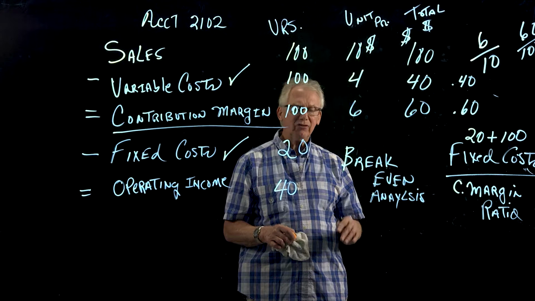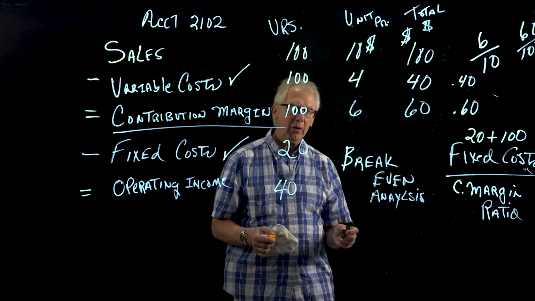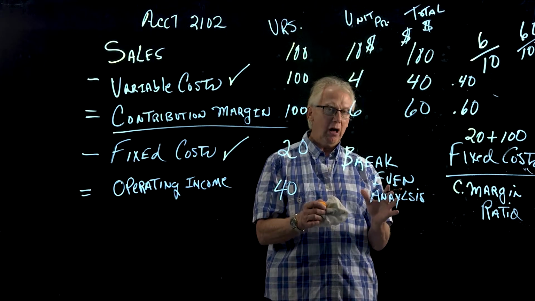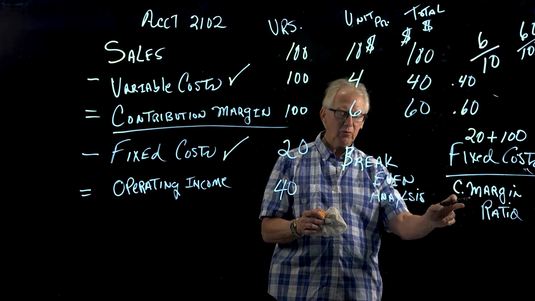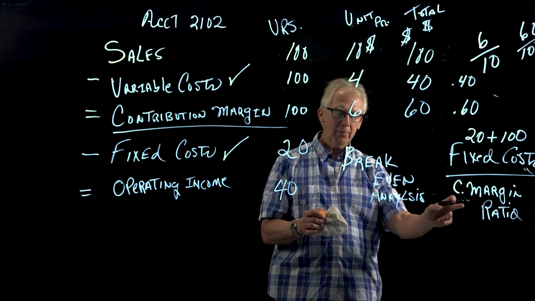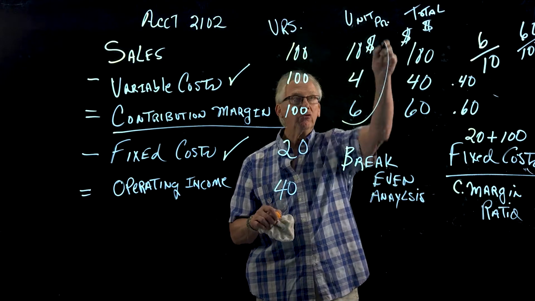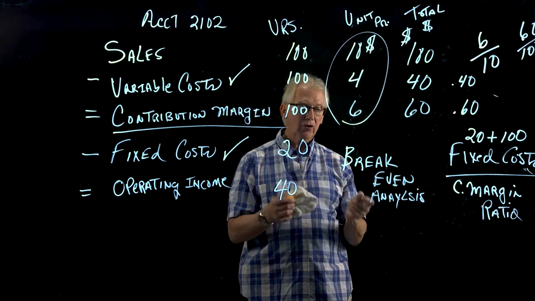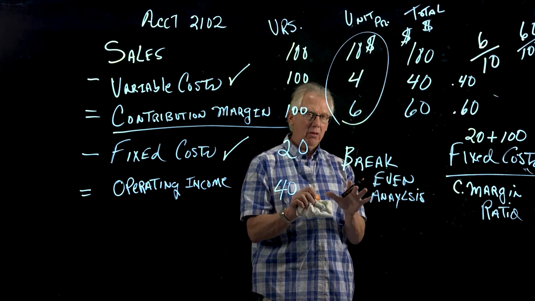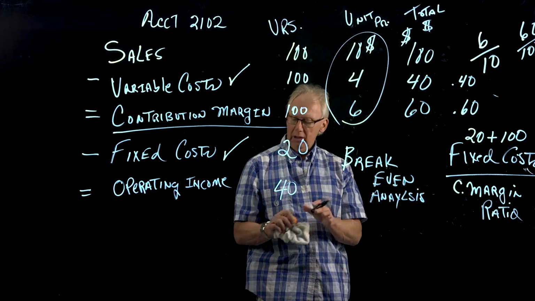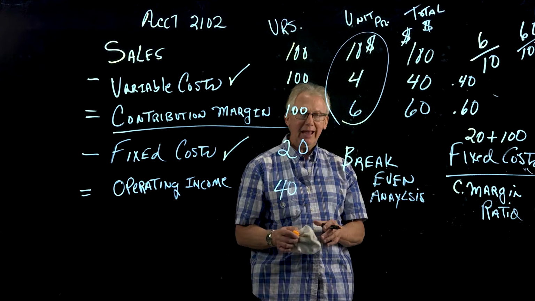So yes, it's 4 different ratios, but really what you have to remember is anytime you're talking dollars in sales, you're going to use the contribution margin ratio for the denominator. And if you're talking units in sales, you're going to use one of the unit prices for your denominator. So by applying those ratios, you will solve a lot of the problems that I've handed out.